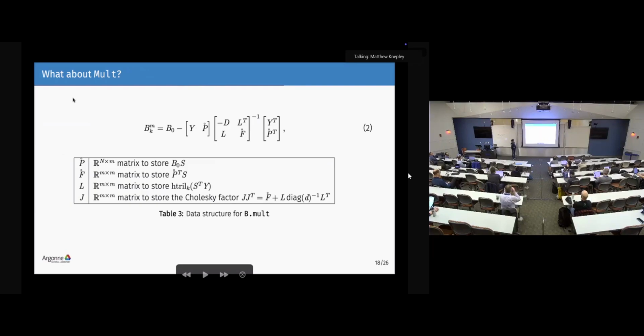So, as you can see here, it is m by n. A typical BFGS history size is 5, 10, at most 20 usually. So this is a 20 by 20 Cholesky factorization.